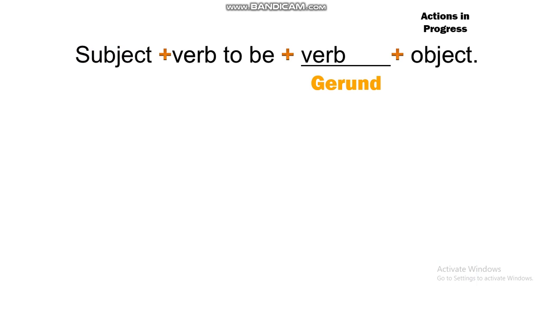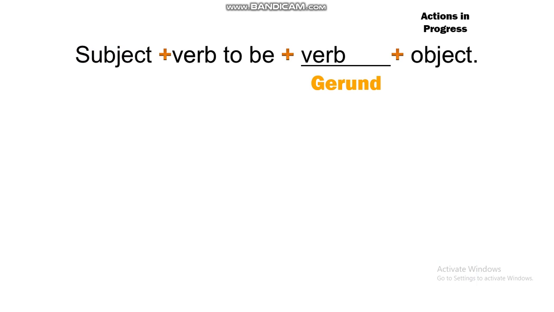How do I form a present continuous tense? First of all, we have the subject. And what does subject mean?